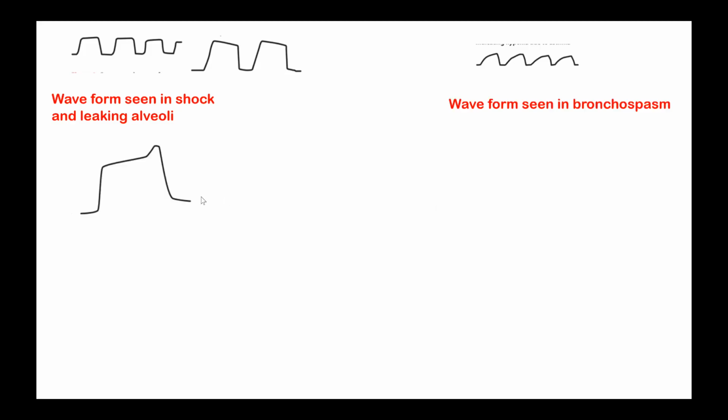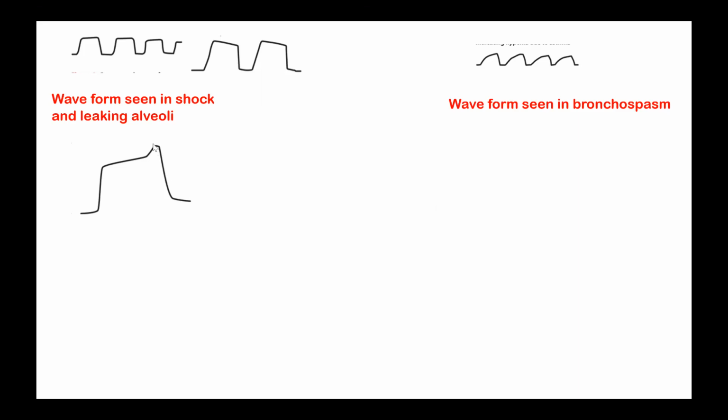What is this? Expiratory valve obstruction. This hump is very classical. See, this is the plateau which is going there. It should suddenly drop like this, isn't it?